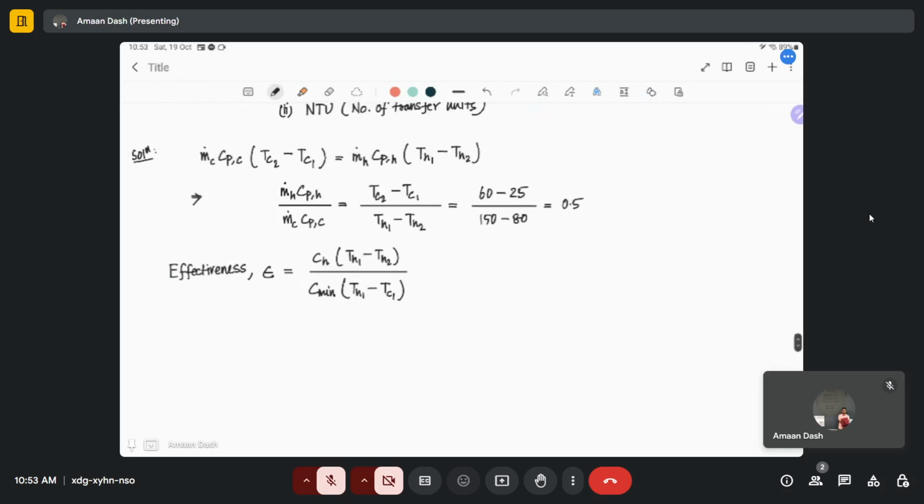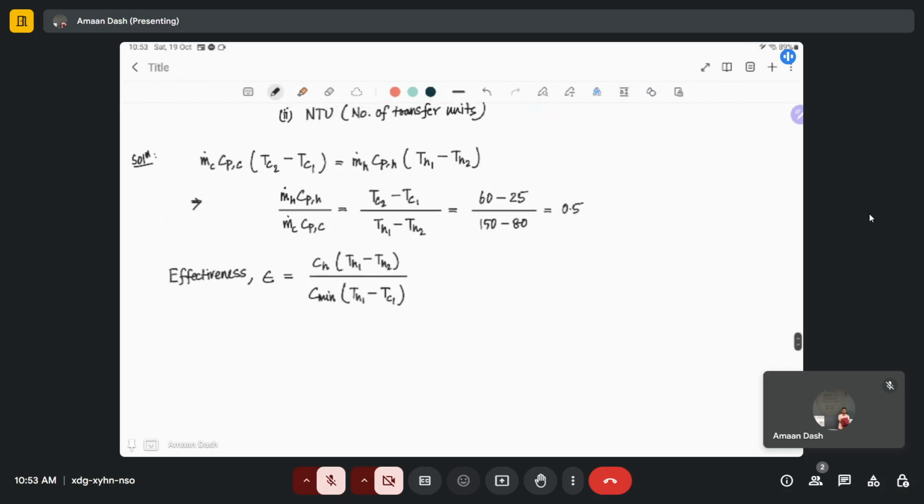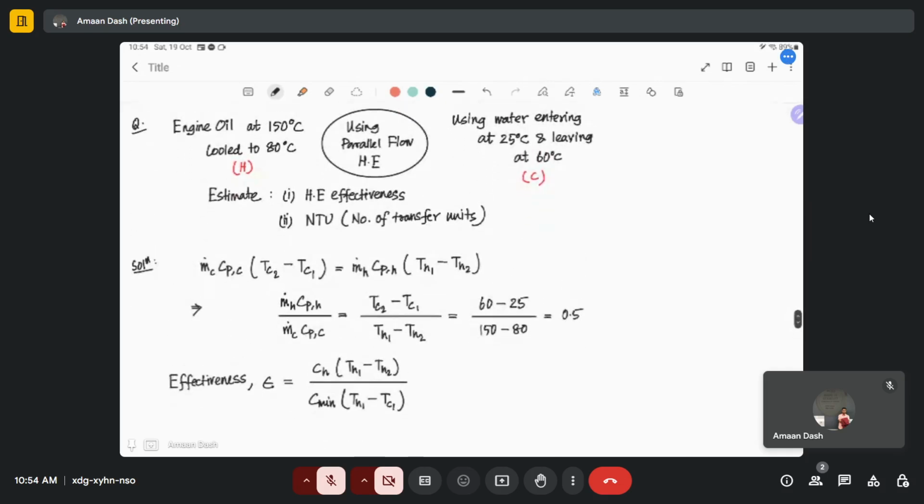Now, if you see this ratio, this CPH by this thing, we have a ratio of 0.5.